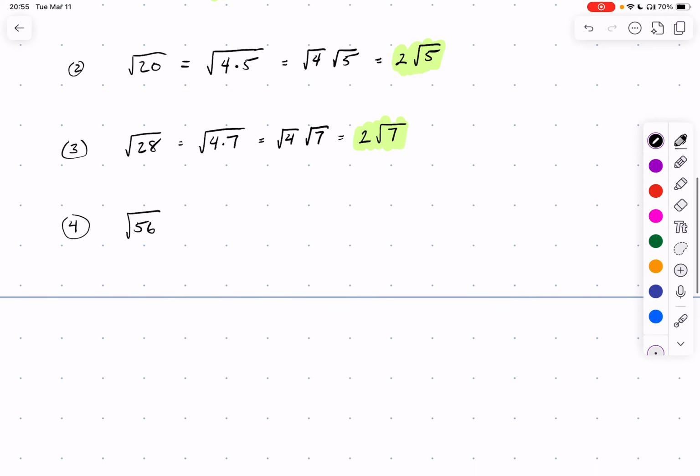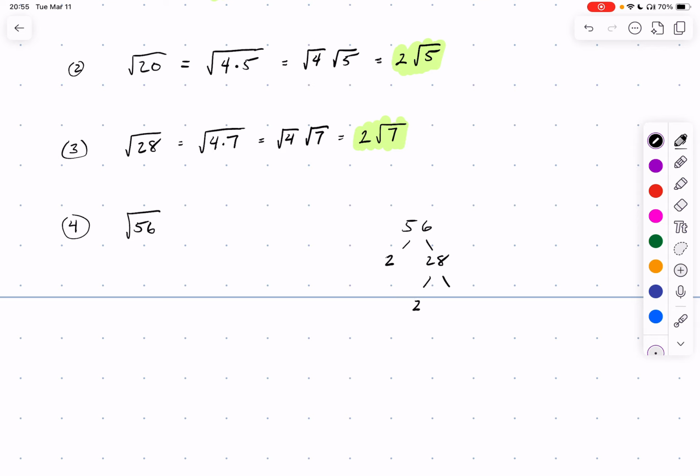So one thing we can do is we can draw a prime factor tree for 56. Okay, so 56 is divisible by 2. So if I divide it by 2, I get 28. And of course we can already see from above what the factors of 28 are, but I can keep doing this.